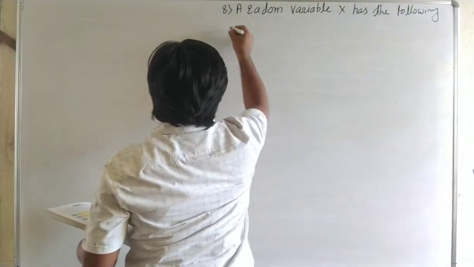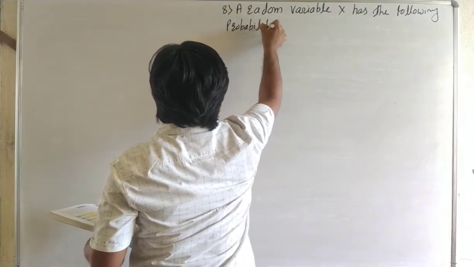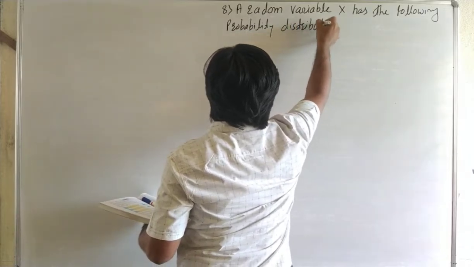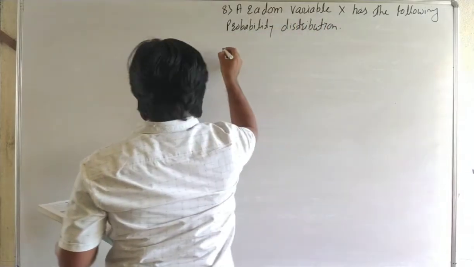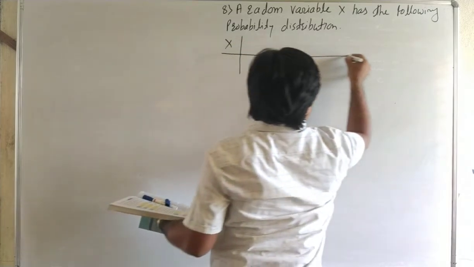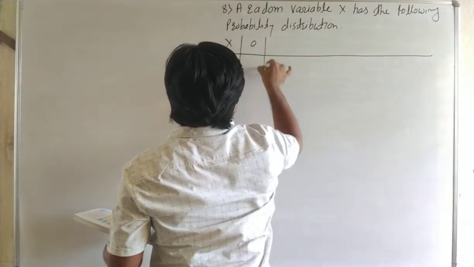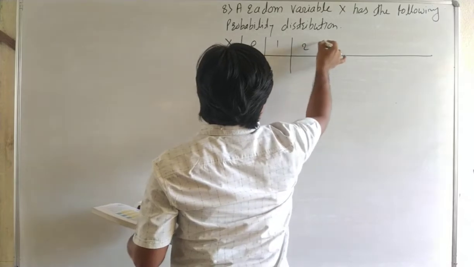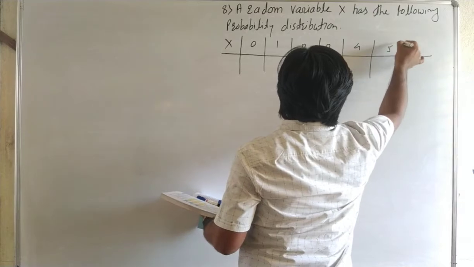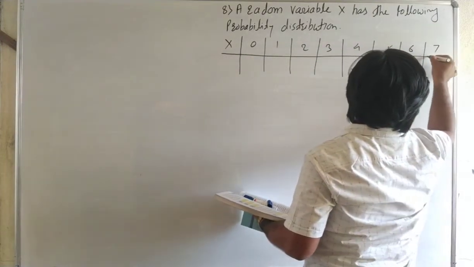Here the random variable X takes the values 0, 1, 2, 3, 4, 5, 6, and 7.